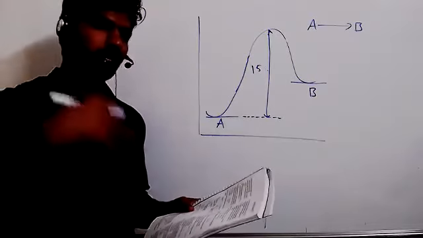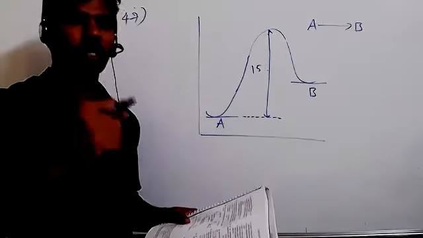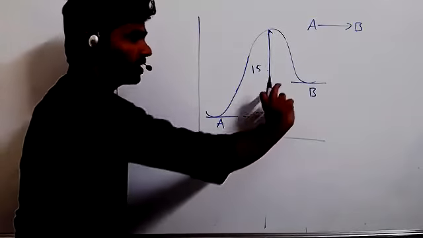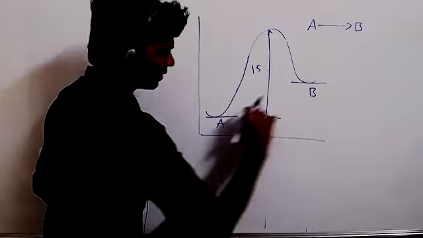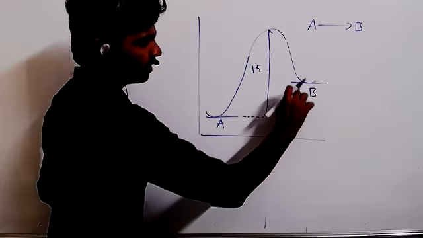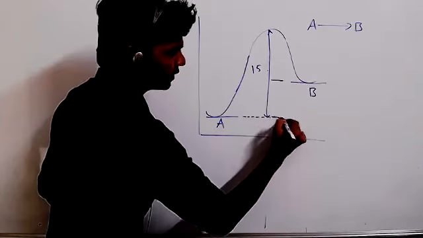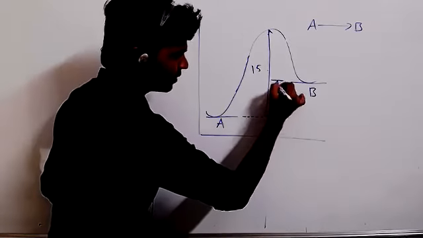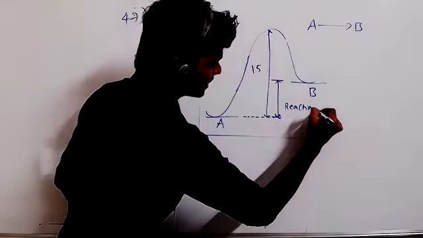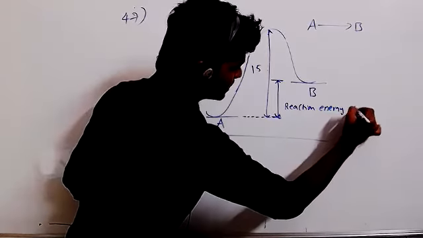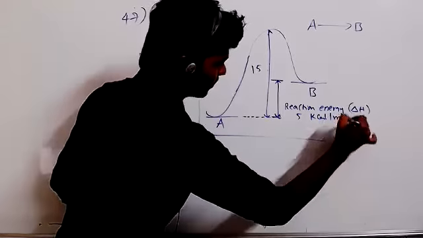Energy of reaction means the energy absorbed or emitted during the chemical reaction. That is what we call the enthalpy of reaction. It means this gap, the energy difference between product and reactant. We may call this the enthalpy, delta H, which is 5 kilocalorie per mole.